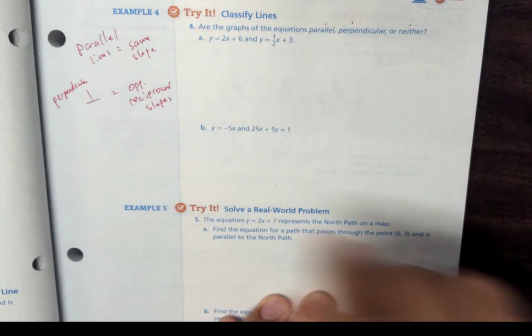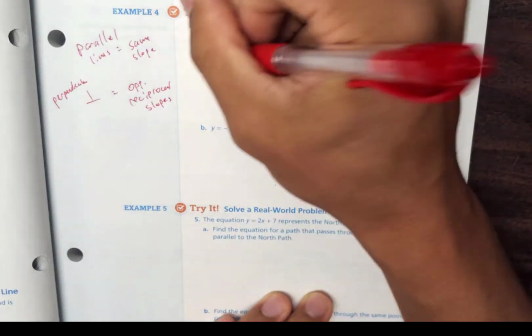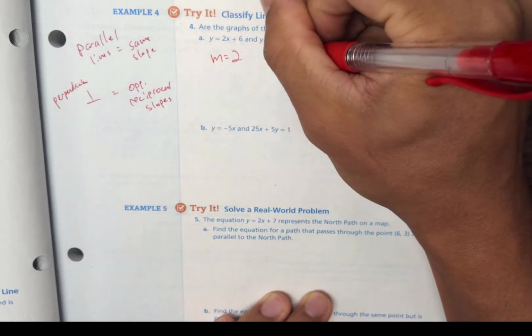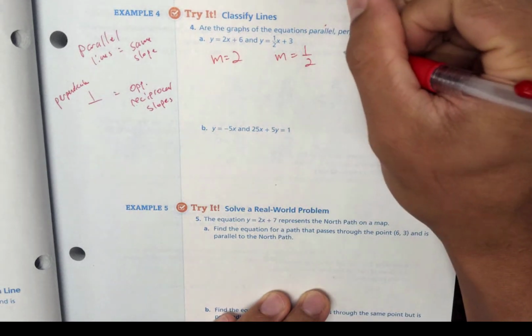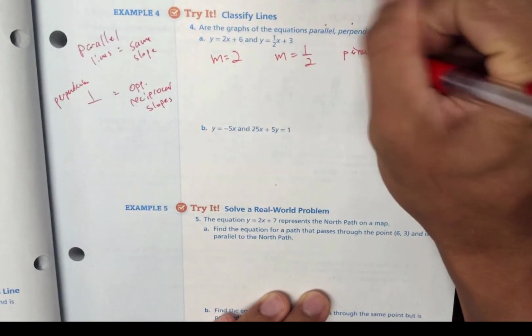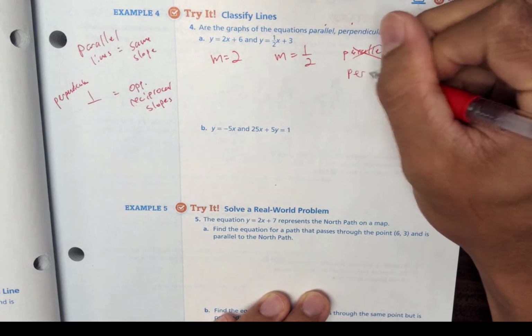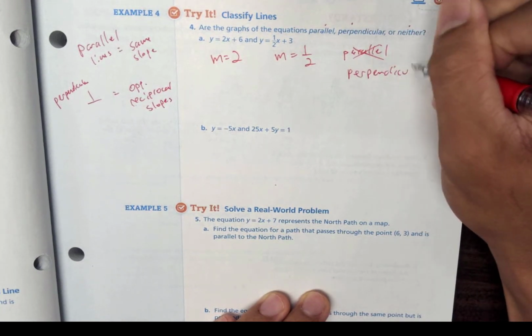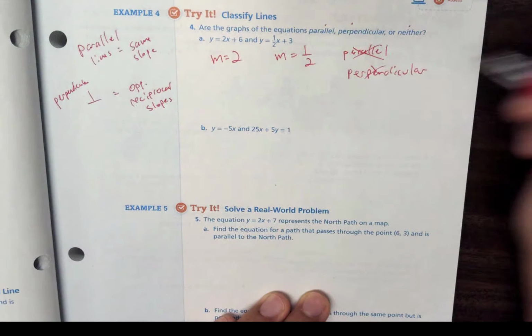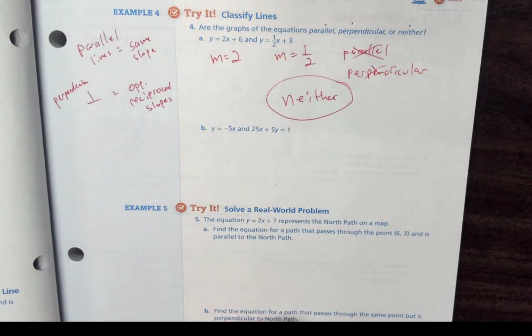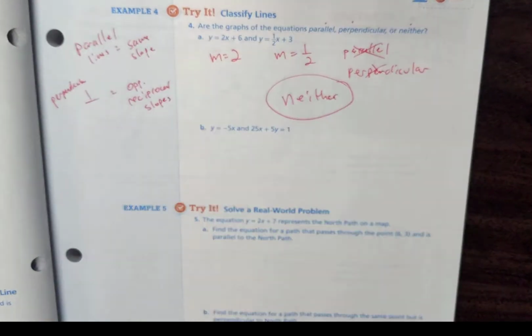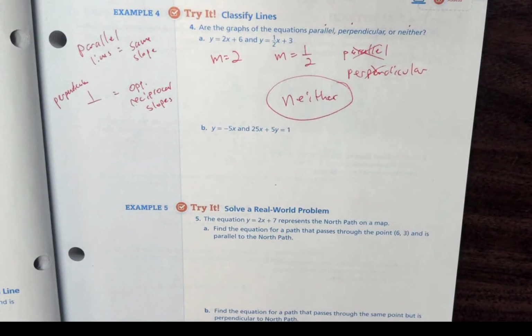So if your m is 2 here, but then m is 1/2 here, they're not the same, so it's not parallel. Is it perpendicular? Well, it is a reciprocal, but it is not opposite, so it's not. They're both positive, so that would not make it perpendicular. It's not parallel, it's not perpendicular, it's neither here.